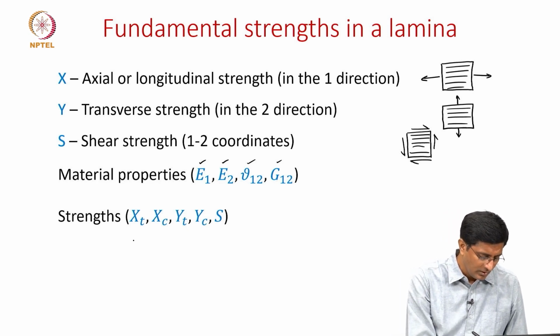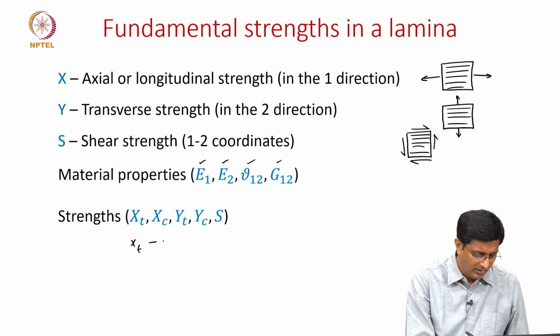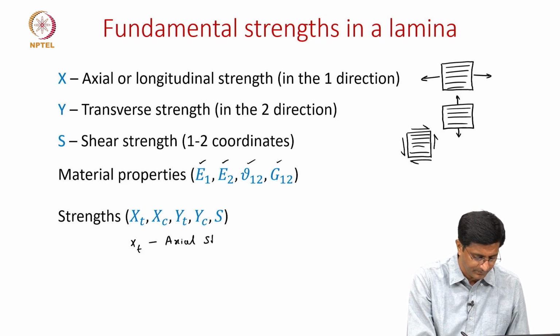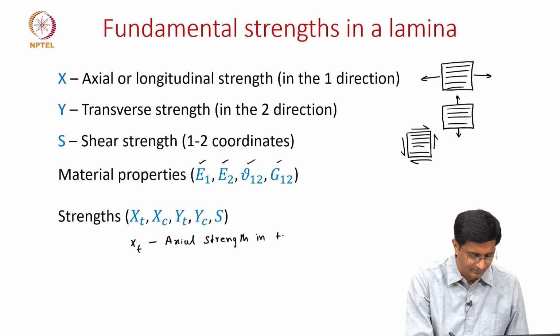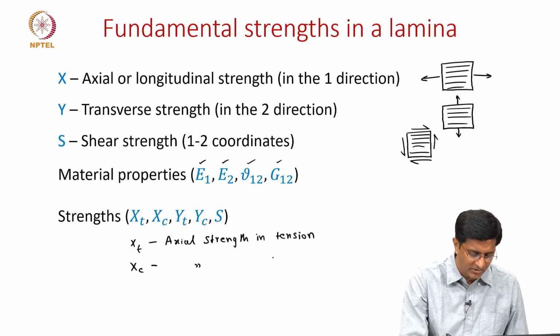So here xt refers to axial strength in tension. And xc refers to the same axial strength in compression.